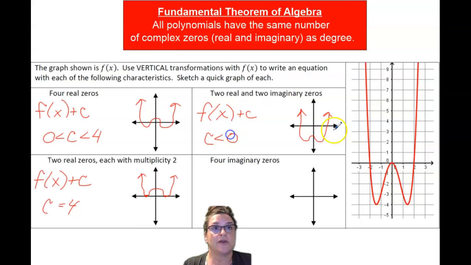If c is 0, I'm here with my 2 crosses and 1 bounce, so that would still be degree 4. 1 plus 1 plus 2 is 4. But if I move it down even a little bit, so down a third or down a quarter or down an eighth, now that bounce is no longer at the origin, it's below the origin.